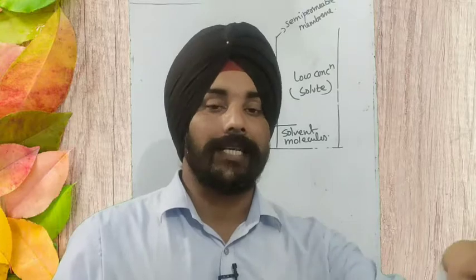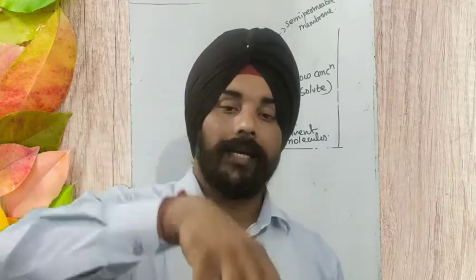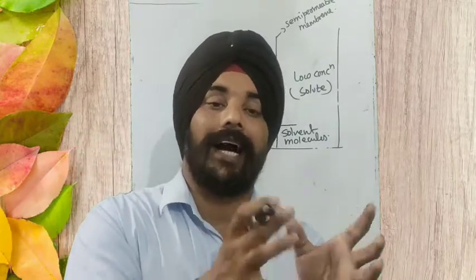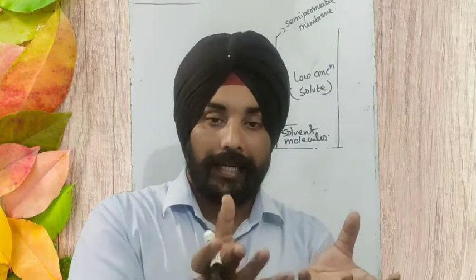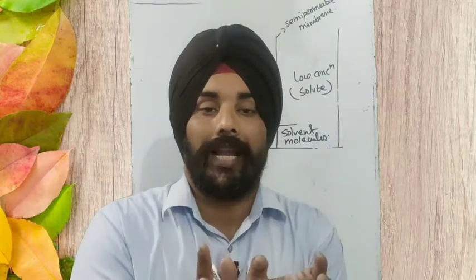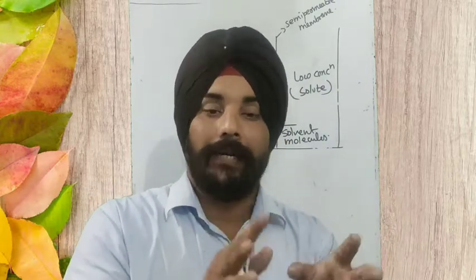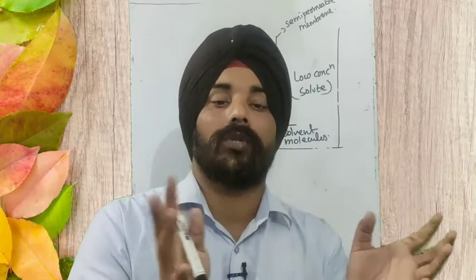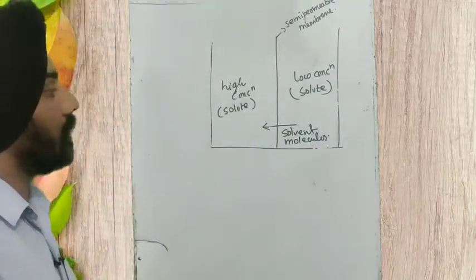Water has a lower concentration of solute, and inside the grape there is a high concentration of solute, a sugary solution. So the water is going to enter the grapes, and the grapes are going to swell up. It will be difficult to hold that water inside, so they are going to burst. This is an example of osmosis.